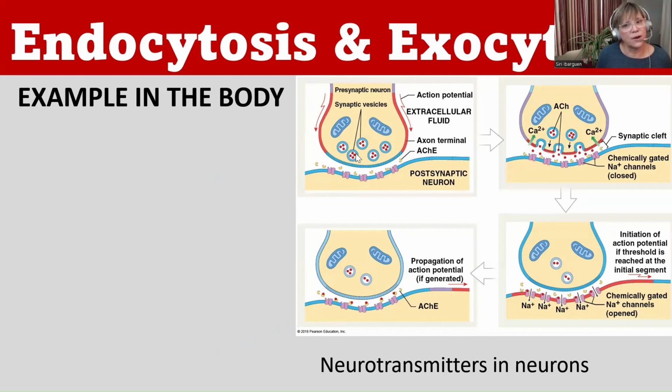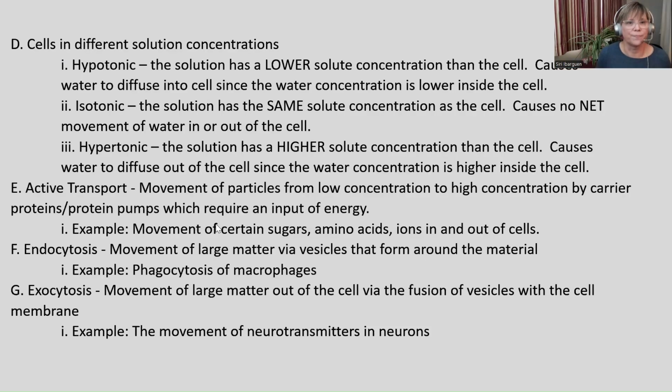Little vesicles are filled with neurotransmitters, proteins that are made by this cell, and those vesicles are going to fuse to the cell membrane, and then those neurotransmitters are going to diffuse from high concentration to low concentration to receptors here on this cell membrane. And that's how they're going to send the signal to the next neuron.